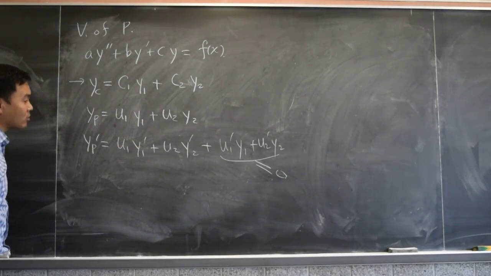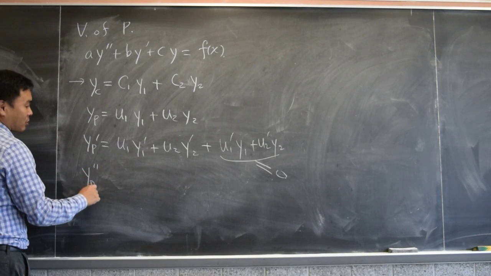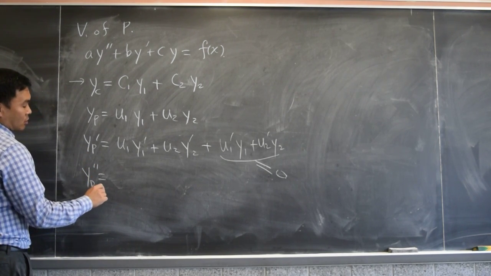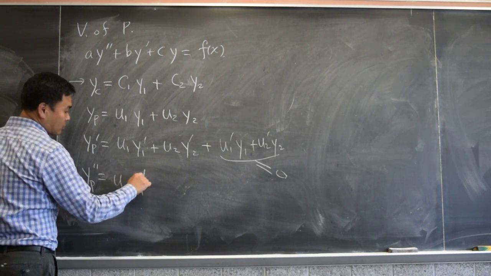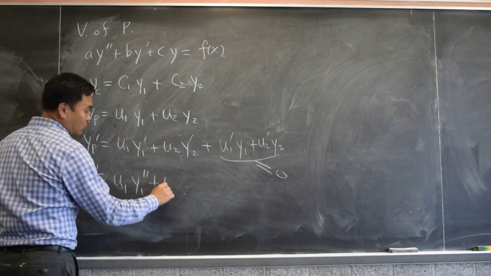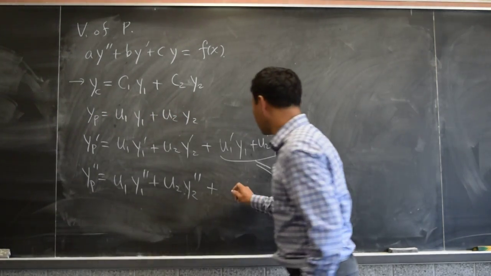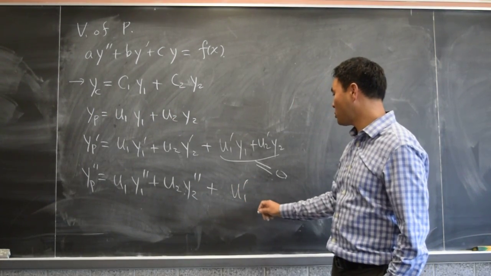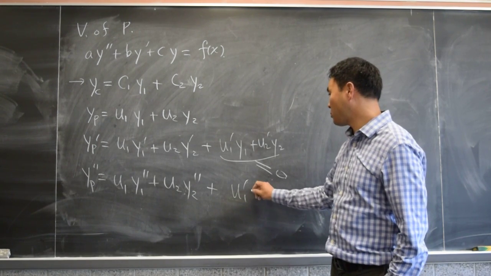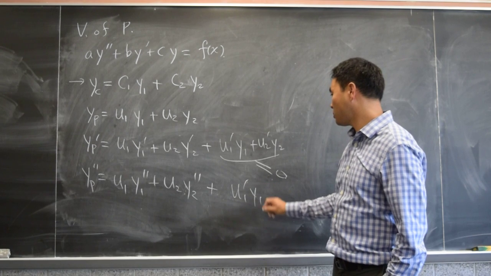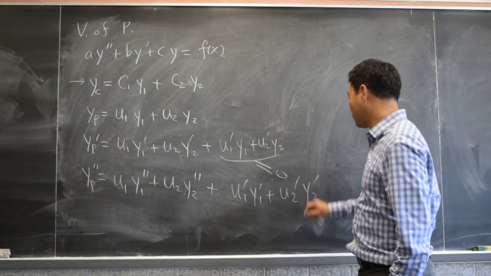So when you do the second derivative, you only have to do this one: yp double prime equals, again, u1 y1 double prime plus u2 y2 double prime, plus then there's these special terms, u1 prime y1 prime plus u2 prime y2 prime.